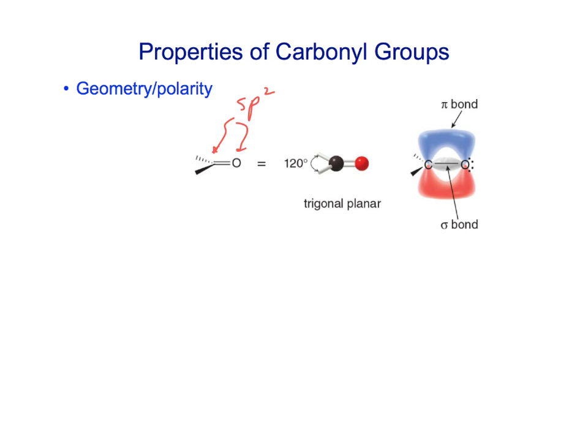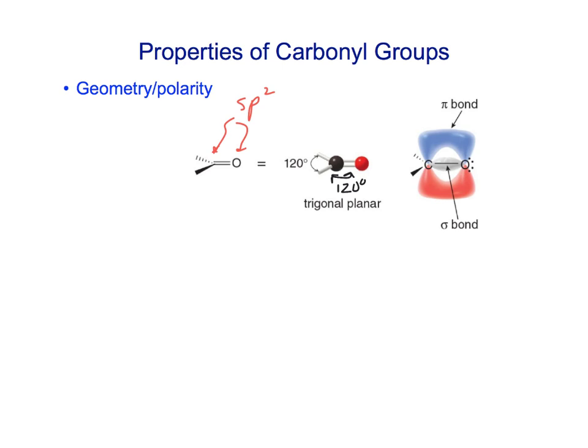Not only between the two groups there, but this would be roughly 120 over here as well. Remember that the double bond is made up of a sigma bond, a single bond, and a pi bond, right? That pi bond is weaker than the sigma bond, and so it's more easily broken. And so that's the bond that will be broken in these types of reactions.